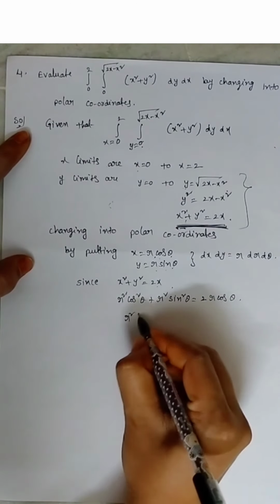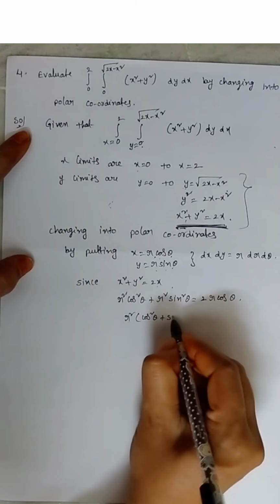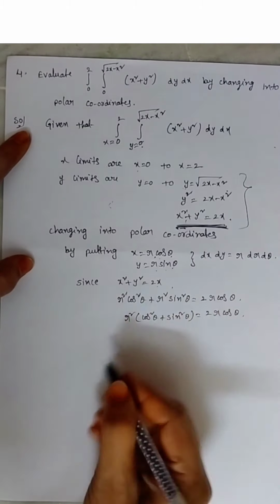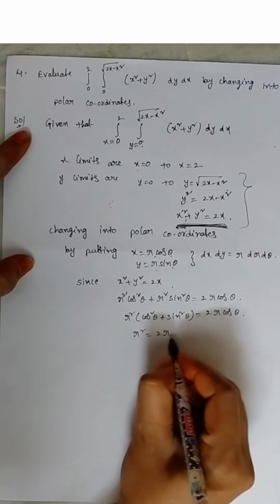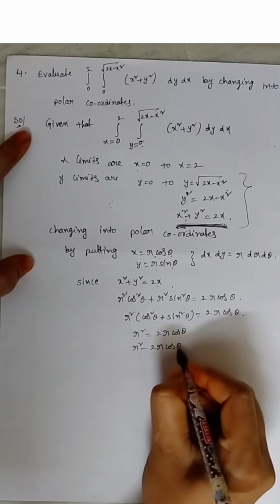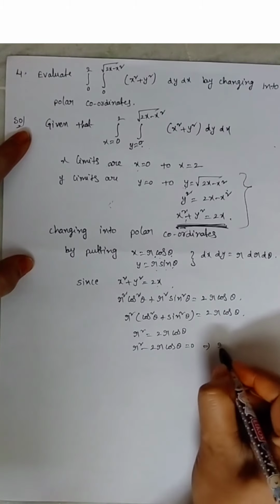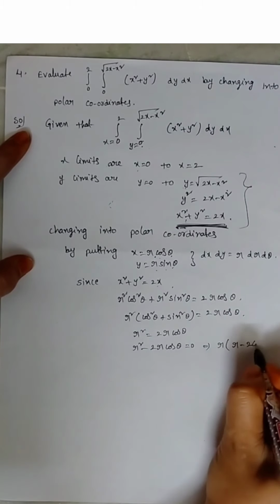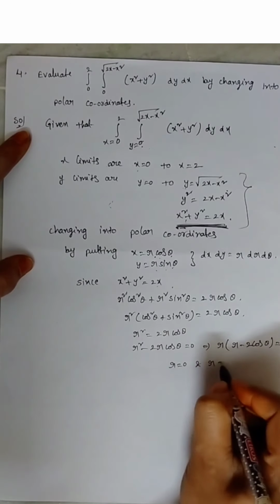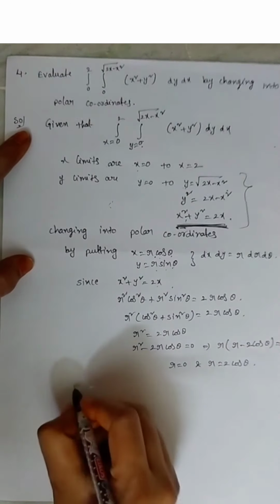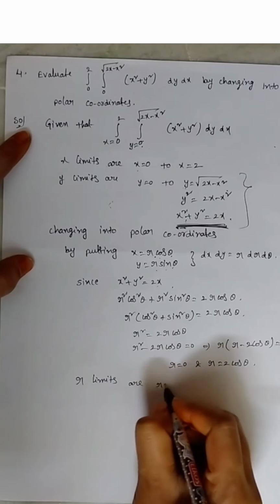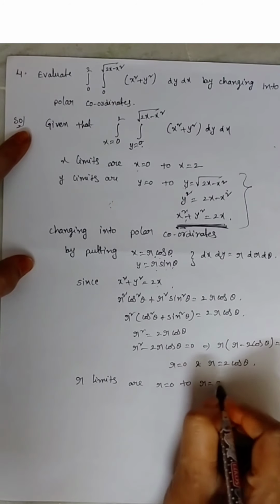So take r square common, cos square theta plus sin square theta, equals 2r cos theta. So r square equals 2r cos theta. So r square minus 2r cos theta equals 0. This implies, take r common, r into r minus 2 cos theta equals 0. Therefore r equals 0 and r equals 2 cos theta. Therefore r limits are r equals 0 to r equals 2 cos theta.